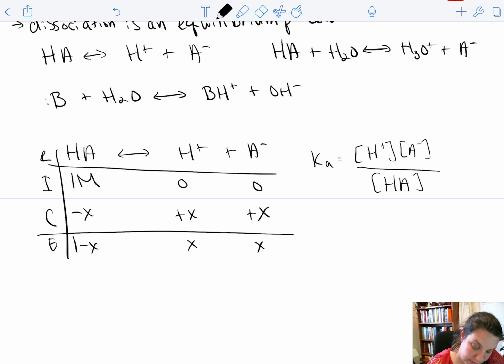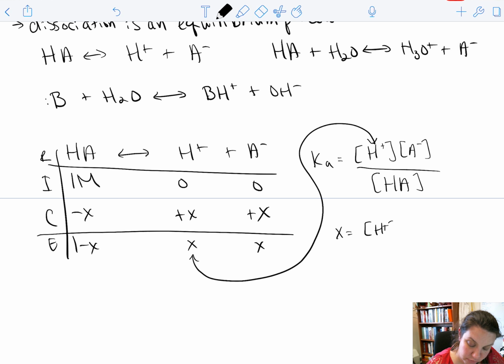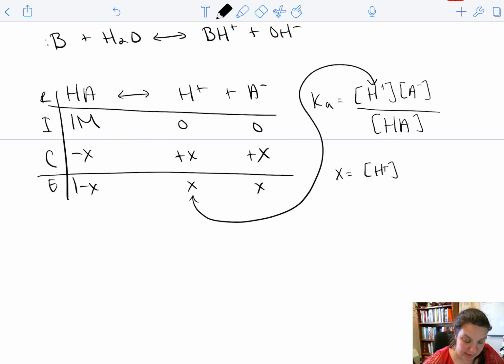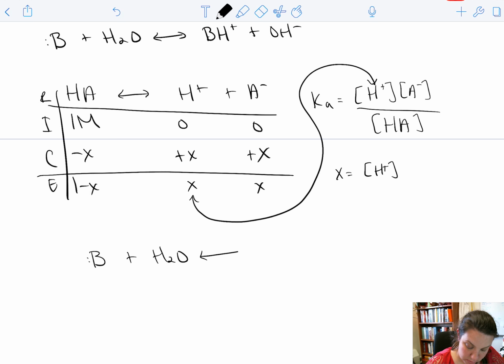And as a note, this X here is this H plus concentration. So X is equal to H plus concentration. Okay. That will come up in just a minute. Let's look at our base now. So it's going to break down our water molecule.